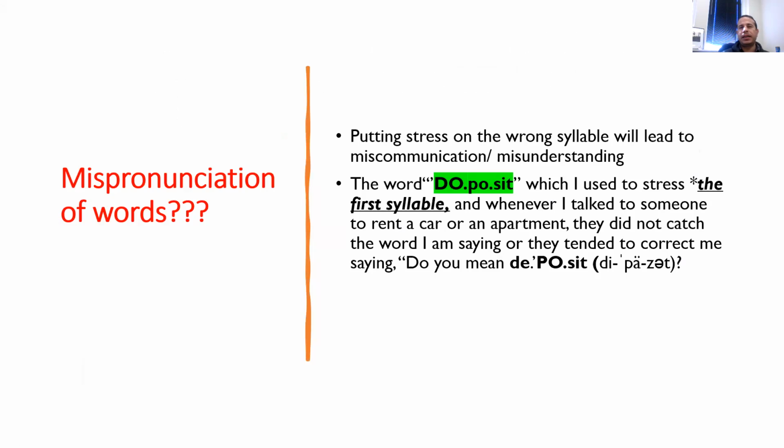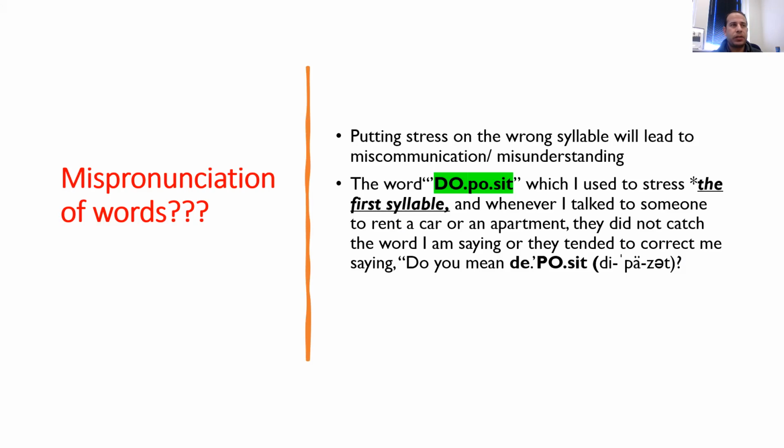And usually finding out the stressed syllable is highly significant because, again, it can cause some miscommunication or misunderstanding whenever you are using the language. So I remember when I was studying in the States, a lot of people were asking about some payment to be given in advance before having a car or an apartment.